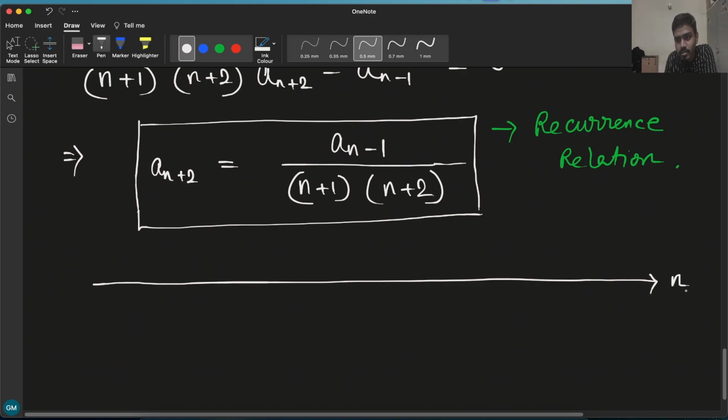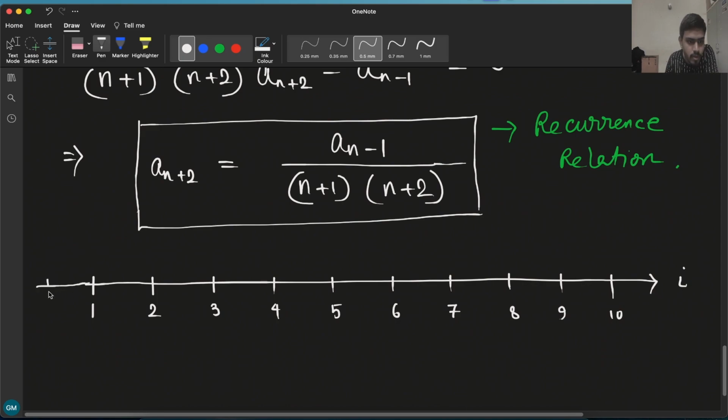Let me write an n axis. So let's say this is the ith term. Let's say this is 1, this is 2, this is 3, 4, 5, 6, 7, 8, 9, 10, and 0 is the 0th term, which corresponds to a0.